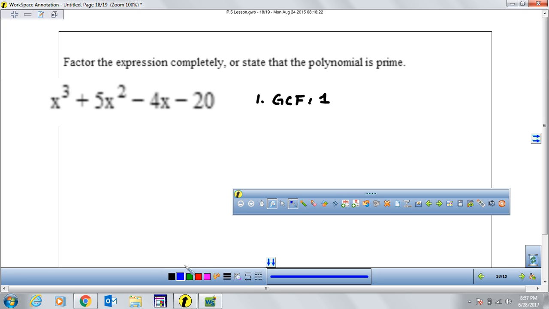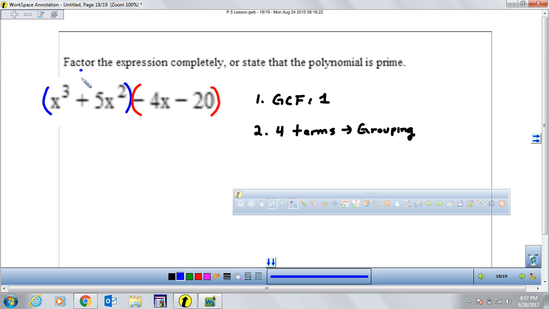So next thing is based on the number of terms, that's what you're going to use. Since this one has 4 terms, then the strategy that we use is we factor by grouping. Okay? So we're going to put it into two groups, and what we need to do for each group is that we need to factor the greatest common factor from each one of these two groups.